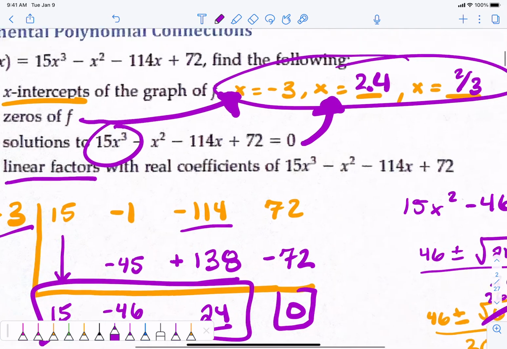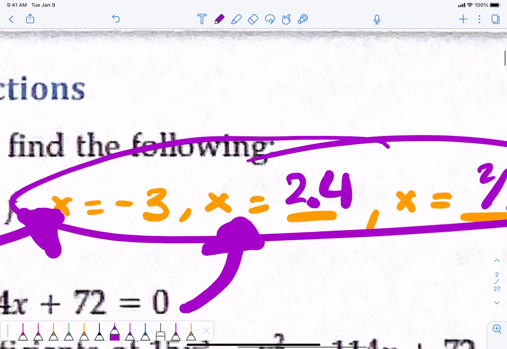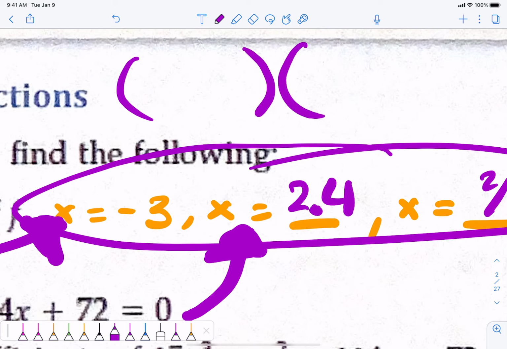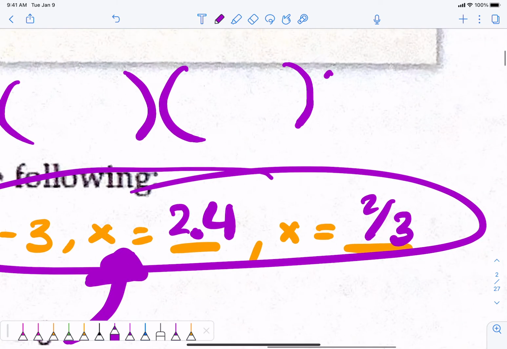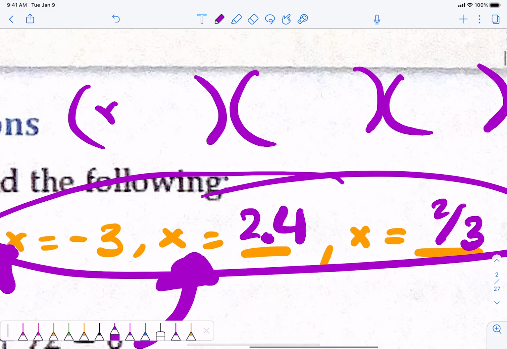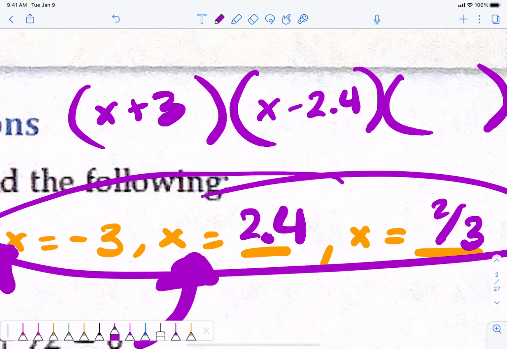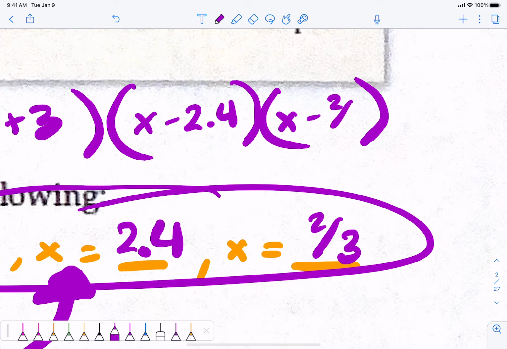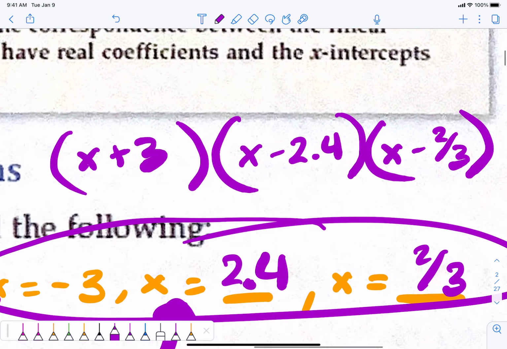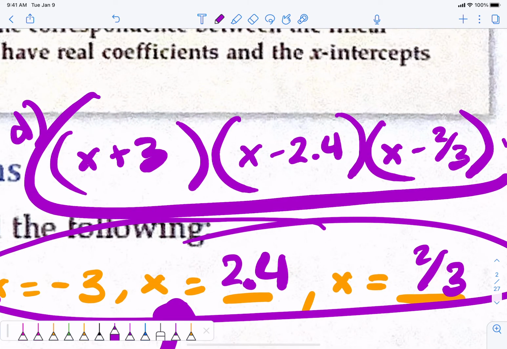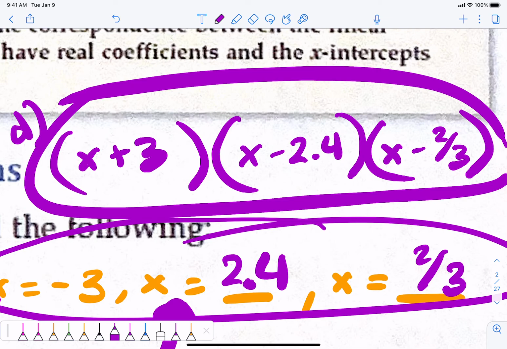If I factor this down, what would be inside the parentheses? It would be x plus 3, x minus 2.4, and x minus 2/3. This is what part D is asking for: the linear factors, in the parentheses.